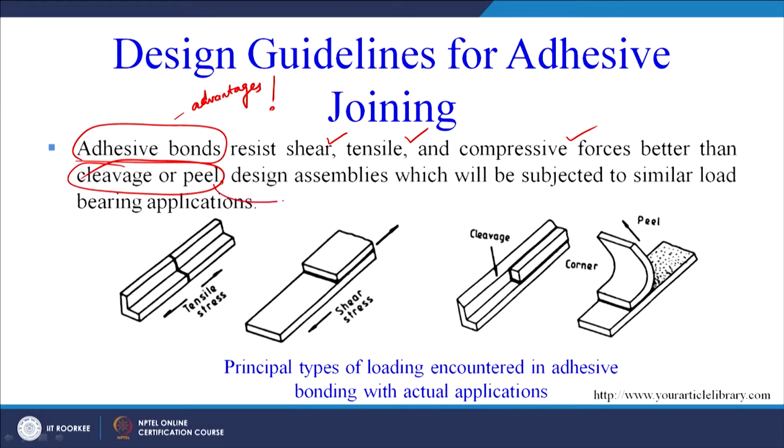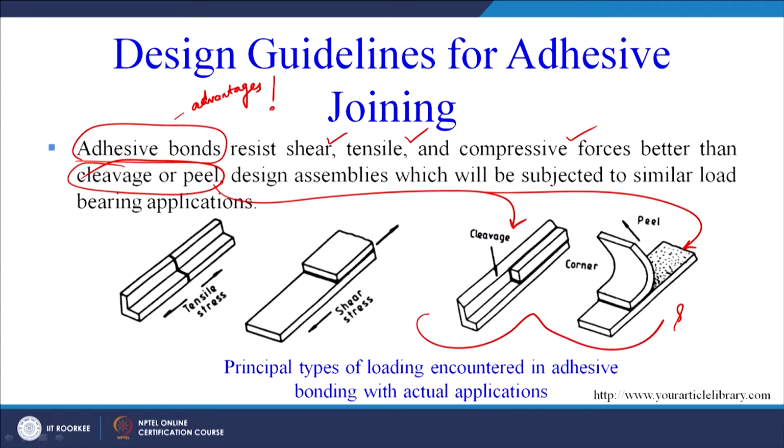Two examples of cleavage and peel are given here, cleavage, peeling. So these two types of loading environments or stresses are dangerous for the adhesive type of joints, whereas the tensile stresses which are given here, shear stresses, it is able to bear in a much better, much more efficient manner.